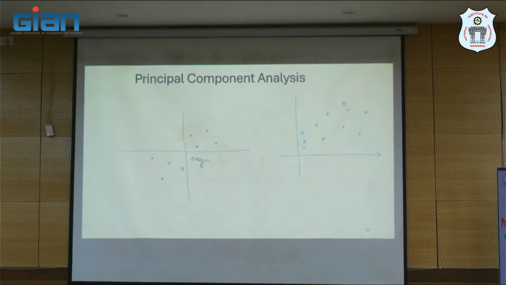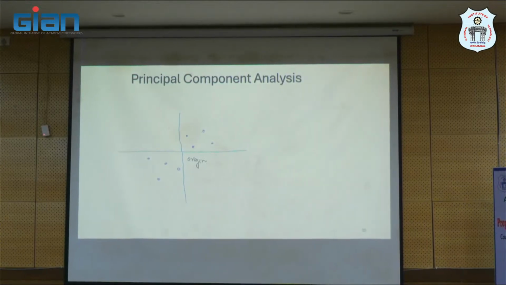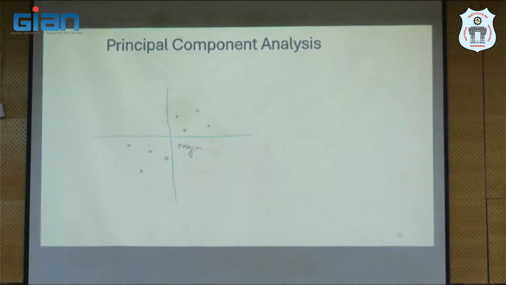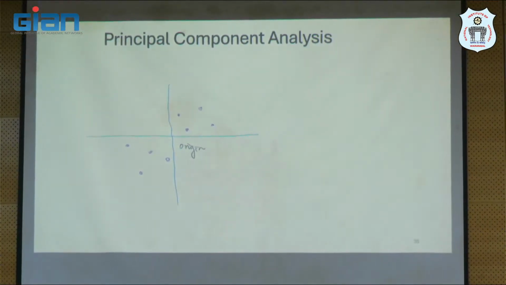So let's consider a centered data set like this. Okay? What a principal component is trying to do is, rather than representing the data using these many data points, principal component analysis says, I can represent this data using a line that passes through the origin.